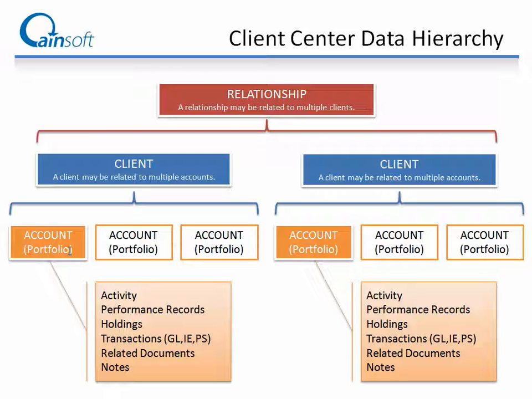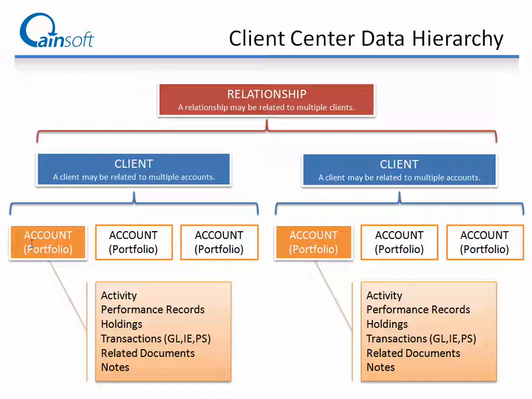Account and portfolio are interchangeable in my nomenclature here. So going from the bottom up, we have all of these various records that are either manually entered into the system or imported from Advent, and they are all linked to an account.